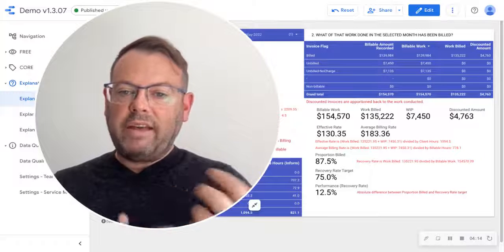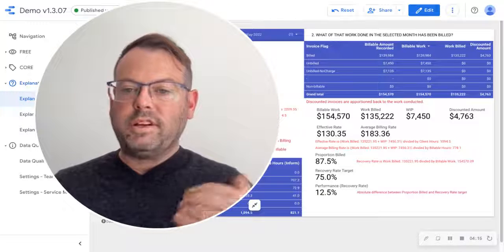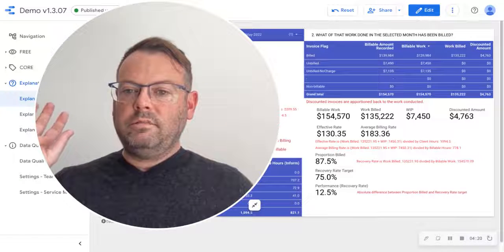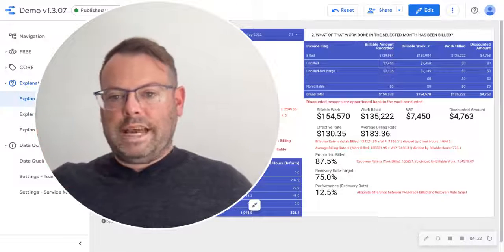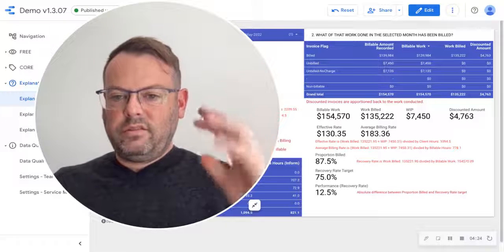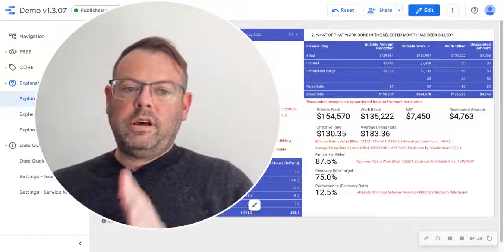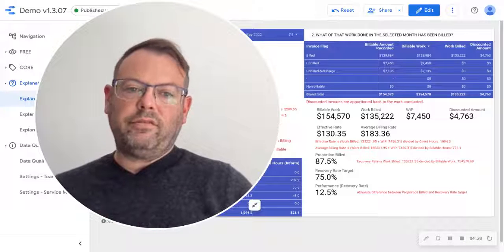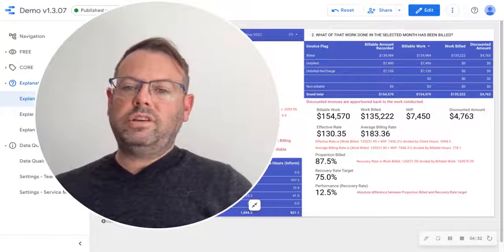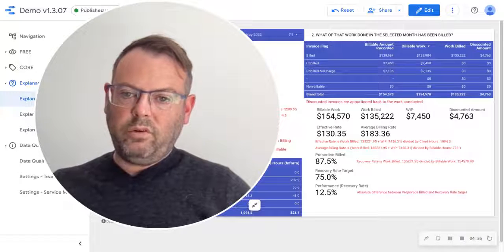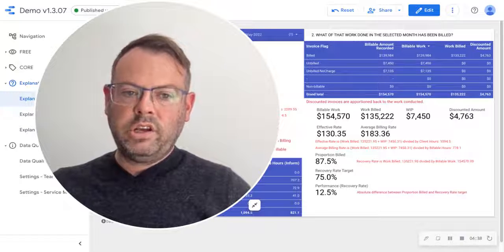And the average billing rate is a little bit different, but we're dividing that by the billable hours worked. So that's saying ignore the waste hours and just look at the pure hours of billing, billable hours. What is the average rate you get from that? So $130 is probably a more accurate value of what you're able to charge.